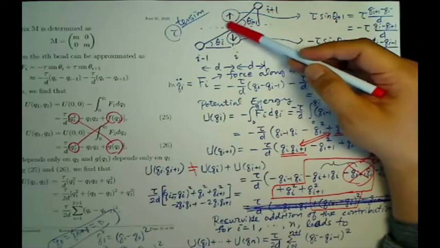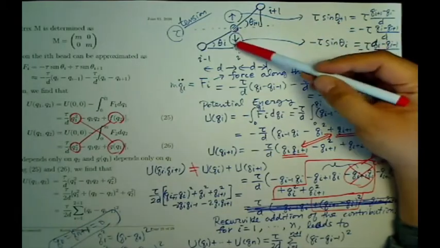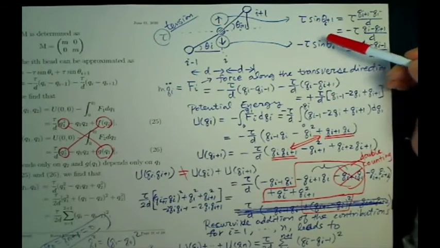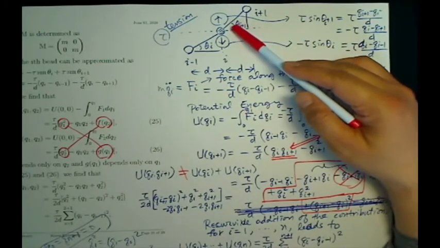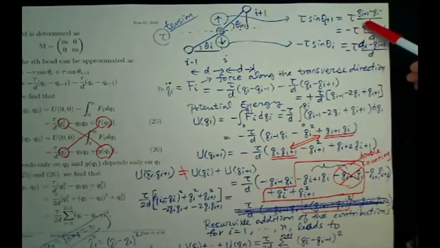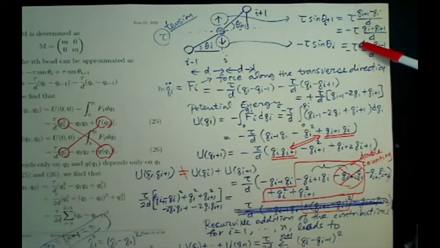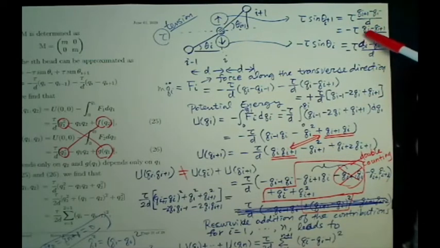Here, this is positive, so we put the positive sign on it, and this is downward, so we put a negative sign on it. The sine of this angle can be computed by the difference of the height, q i plus 1 minus q i, divided by the spacing d, and we can rewrite this, flipping the sign, to order it q i minus q i plus 1.